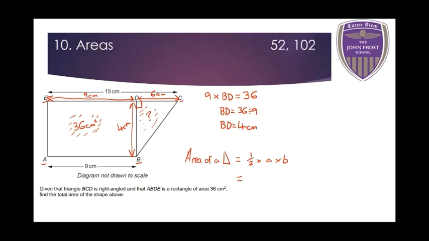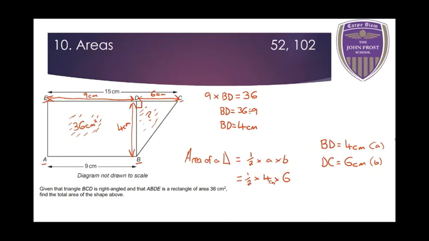Well, let's take BD, which is 4 centimeters, which is the vertical line here. I've also got DC, which is 6 centimeters. Let's call BD side A and DC side B. It doesn't actually matter which one's which, okay? So we've got a half times 4 times 6.